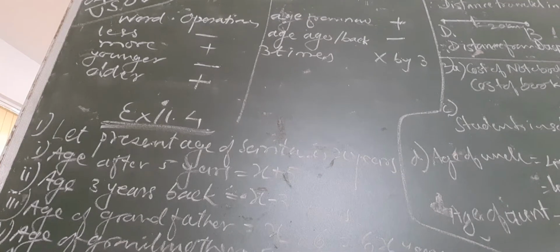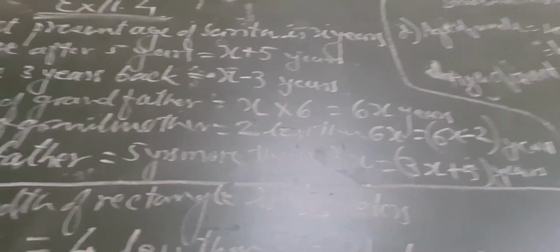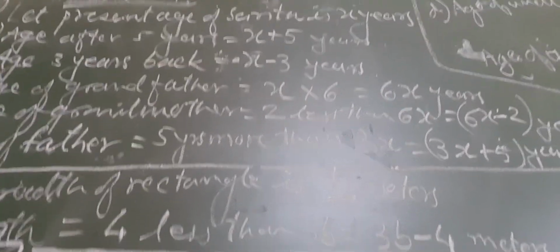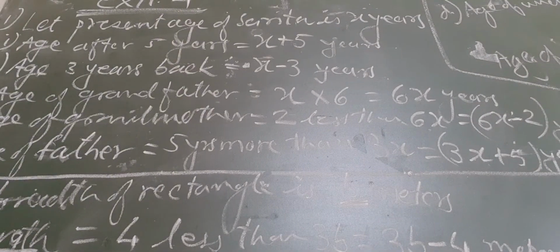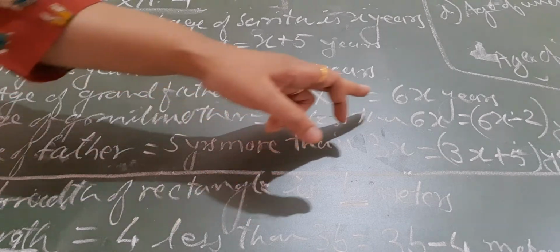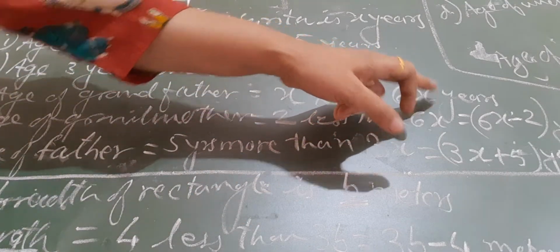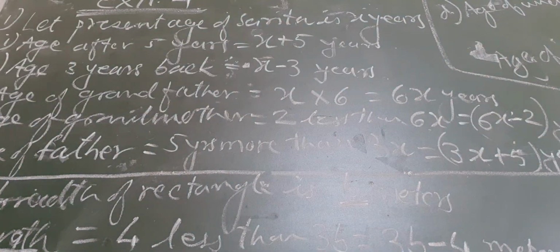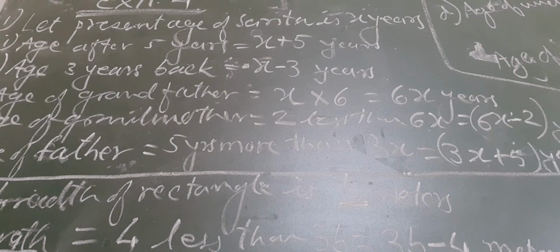Next it is asked to find the age of the grandmother, and her age is given as 2 years less than the grandfather. What is the grandfather's age we got? That is 6X. So 6X minus 2 will be the age of the grandmother.